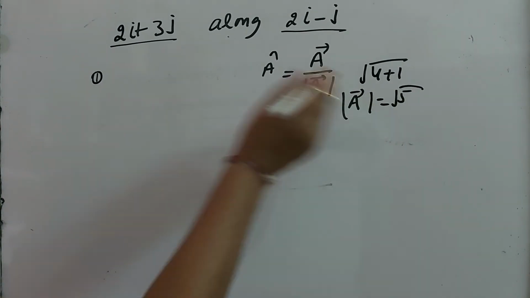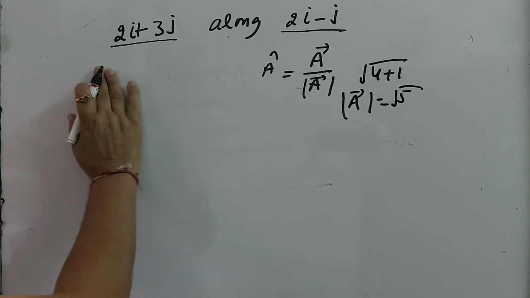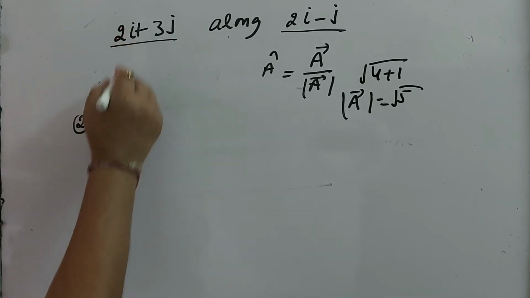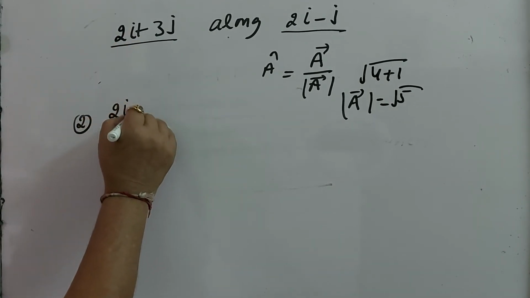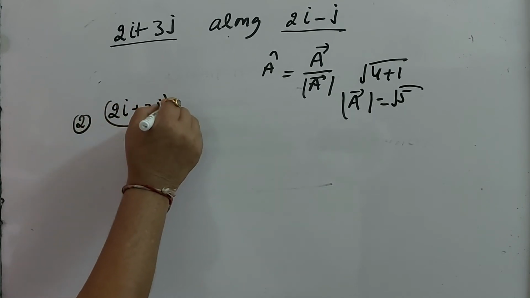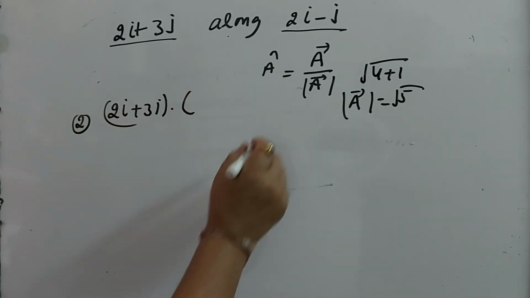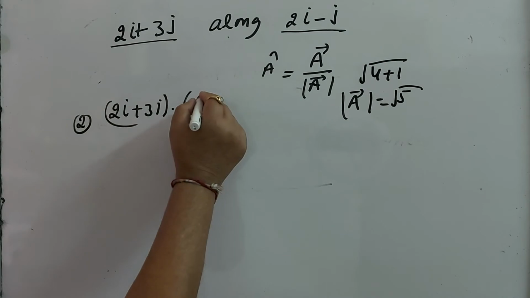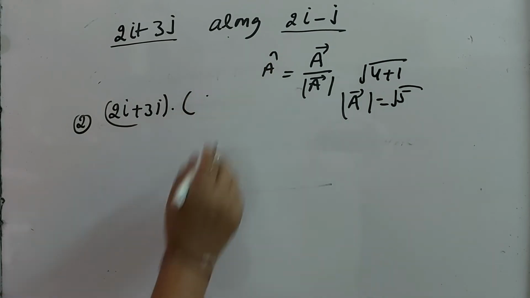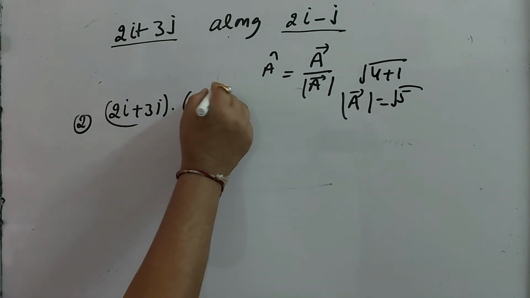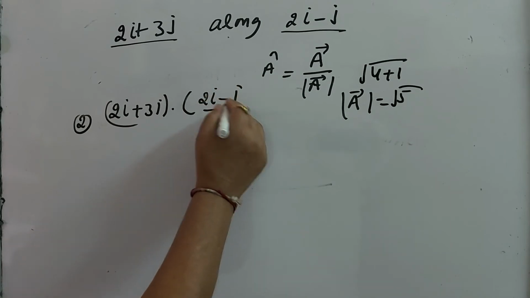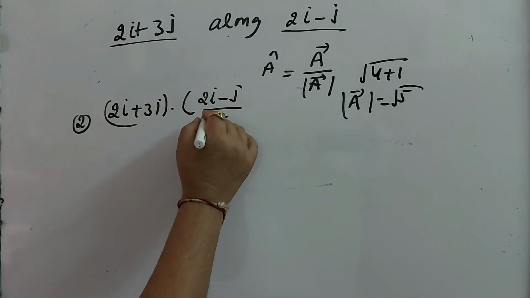Now this is step number 1. In step number 2, you simply multiply this with this unit vector. The unit vector is 2i cap minus j cap divided by its magnitude.